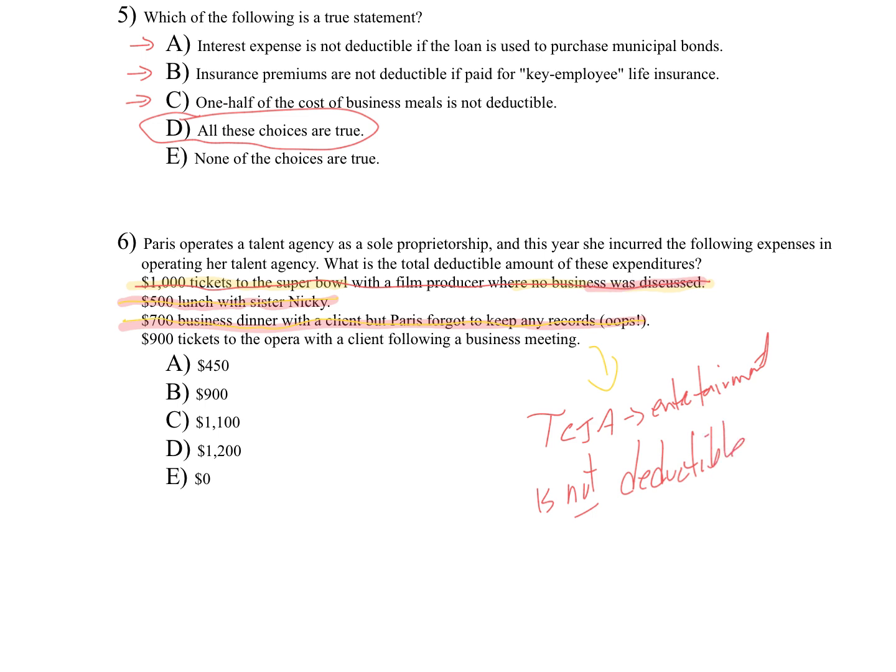Meals are 50% deductible. Entertainment is not deductible at all. So in this situation, her deductible business expenses are 0. I think that's the last one on that page.